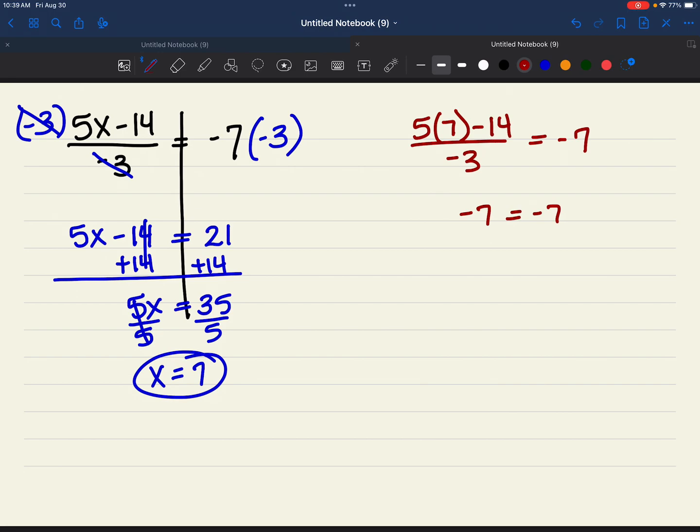Okay? You have to be careful about how you type things into your calculator. Yes? Okay? All right. Questions on this? How do we feel about this part? 100%. We feel like this is doable? Yep. Okay. All right.